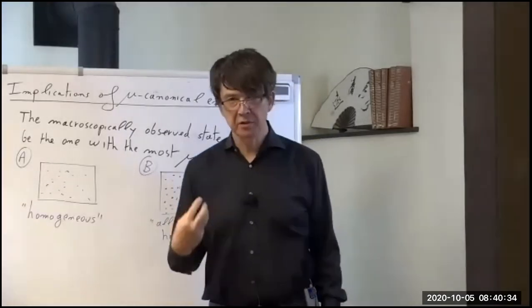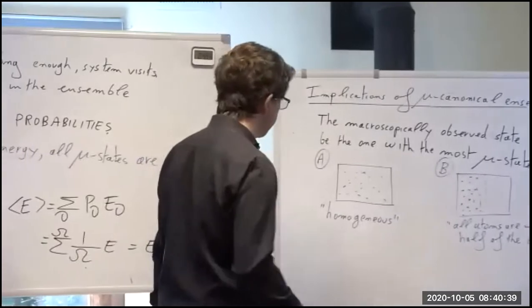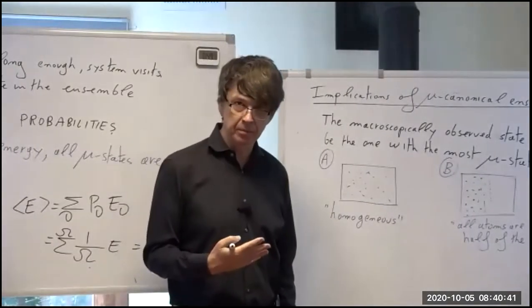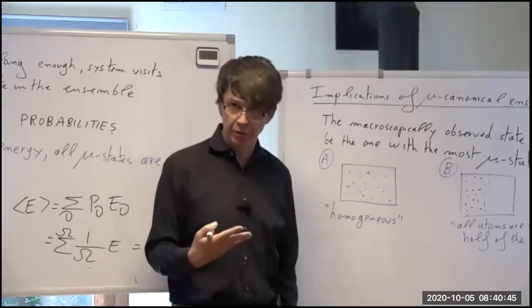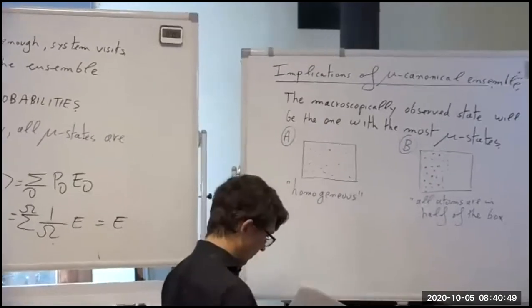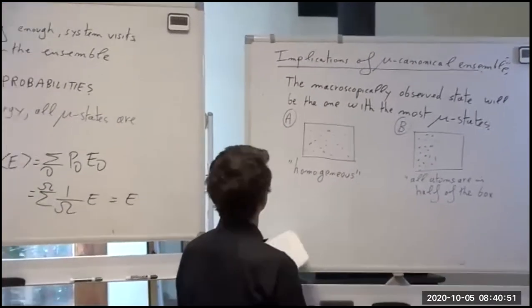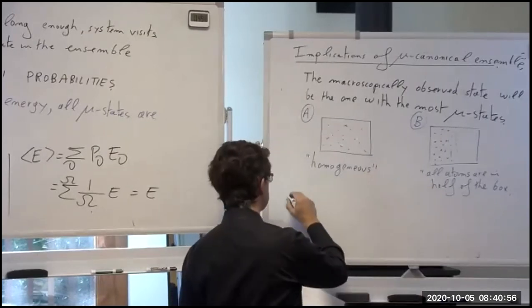So why is there a difference in the macroscopic observation? It's because the macroscopic observation is a sum of all the microstates that correspond to that observation. So let me write this out. What is the probability that I observe B?